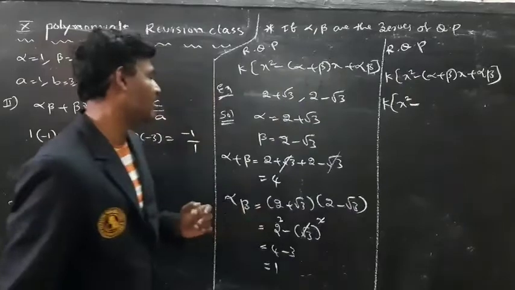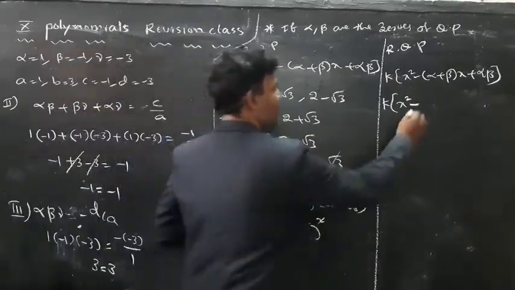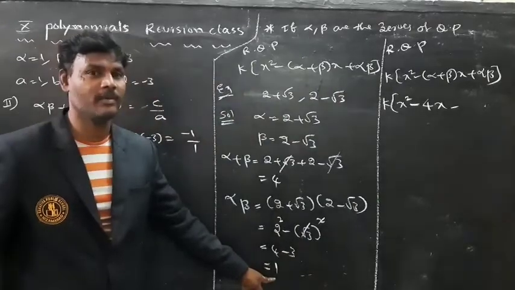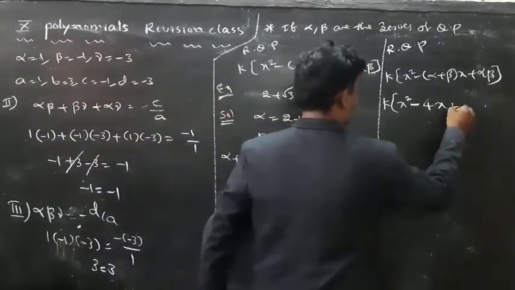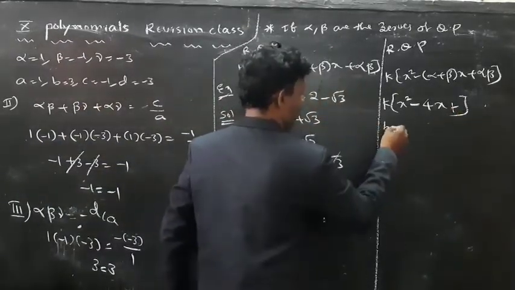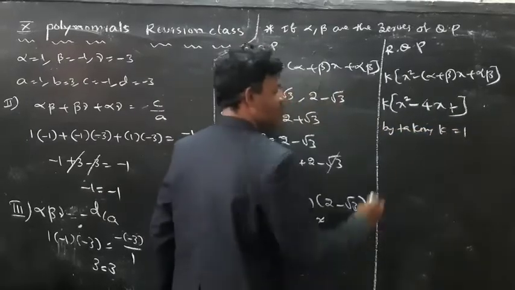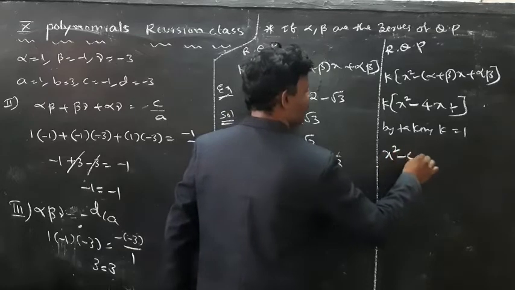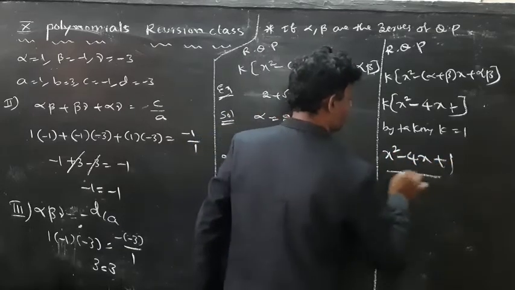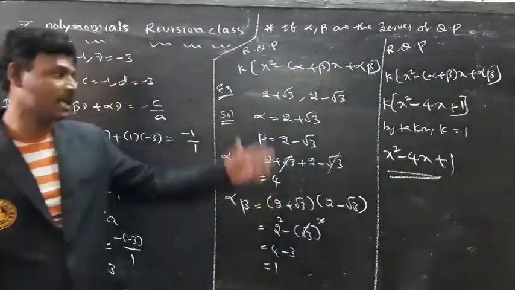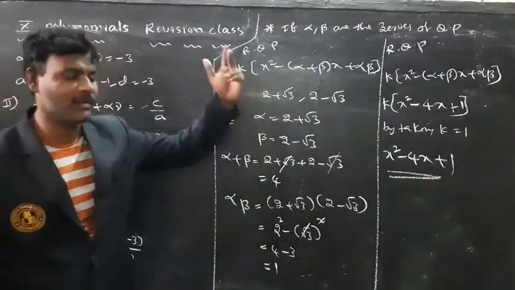What is the value of alpha plus beta? 4, so it is 4x. What is the value of alpha beta? 1. Plus 1, taking k is equal to 1. So what is the required quadratic polynomial? x square minus 4x plus 1.